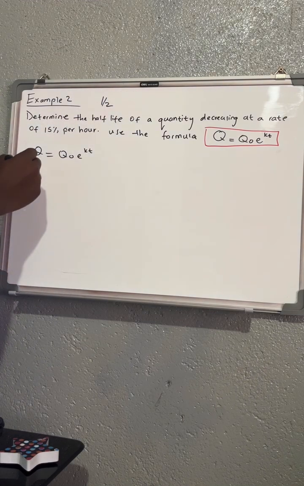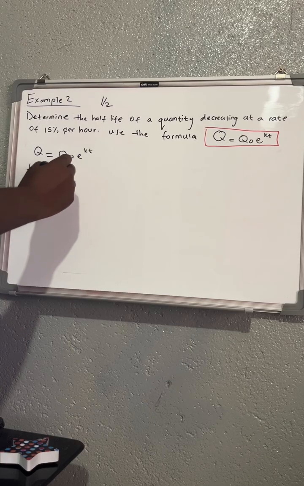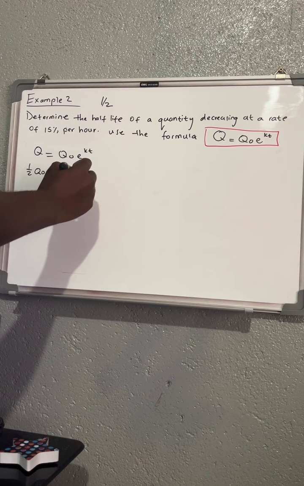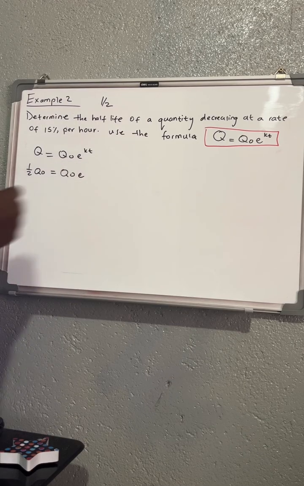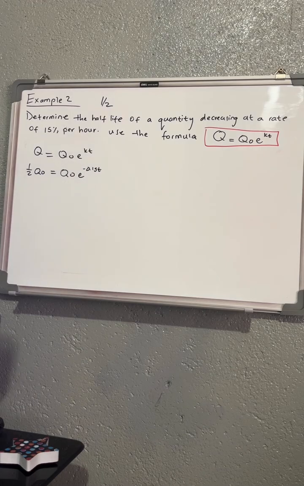Then we can say we have half of Q0, we have Q0, we have E to the exponent, I think it's minus 0, yeah, minus 0.15. We have minus 0.15 T.